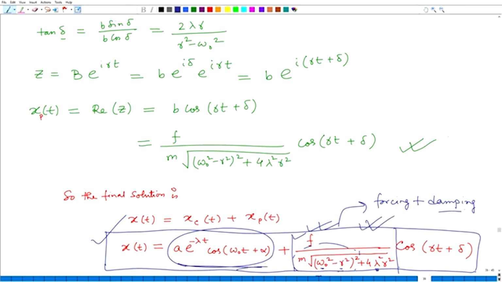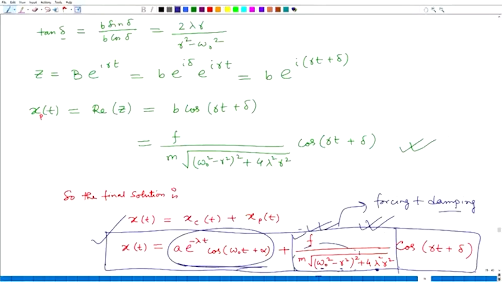This part is the competitive part where both forcing and dissipation are in action, and even for omega 0 equal to gamma, you do not have an unphysical amplitude, or an amplitude which is linearly increasing with t. You just have a constant amplitude over here.